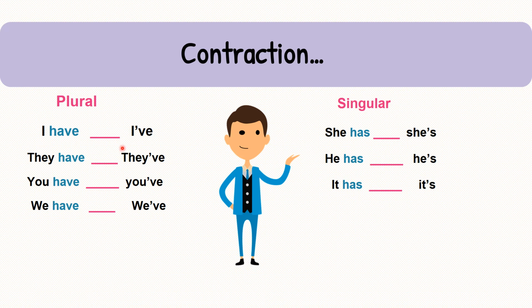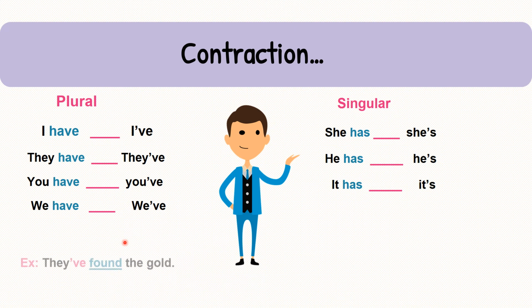I have راح تكون I've ممكن نكتبها في حالة الكونتراكشن بالاختصار I've، أو ممكن نكتب I have. They have ممكن they've. You have you've. We have we've. إذا نلاحظ we've الكونتراكشن I've, they've, you've, we've.